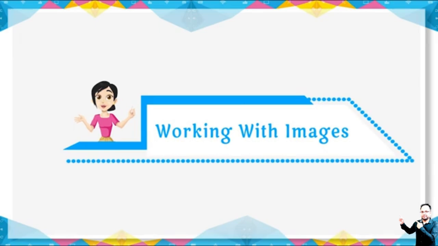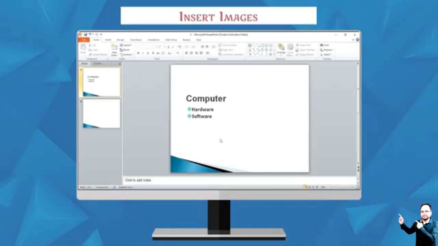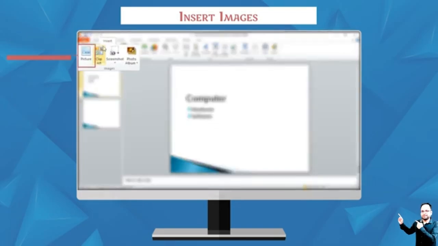Working with images. You can insert images in the slide to make presentation more effective. You can add clip art, pictures and screenshots to the PowerPoint slides. To insert image from file, follow these steps. Select the Insert tab. Click the picture command in the image group.